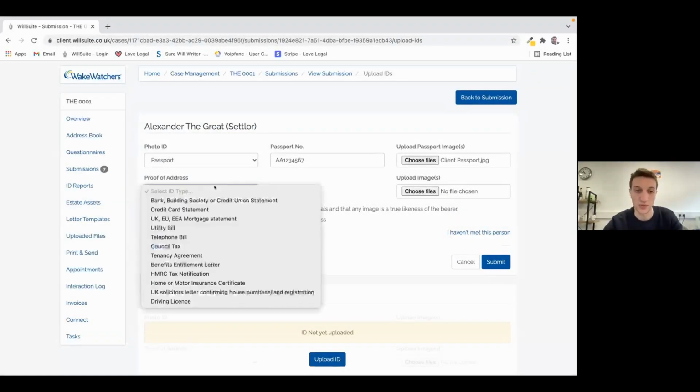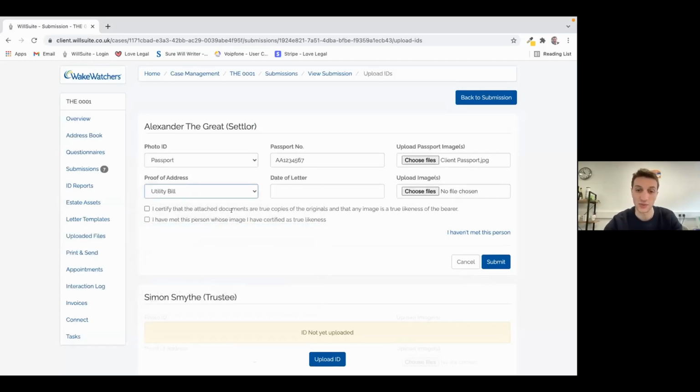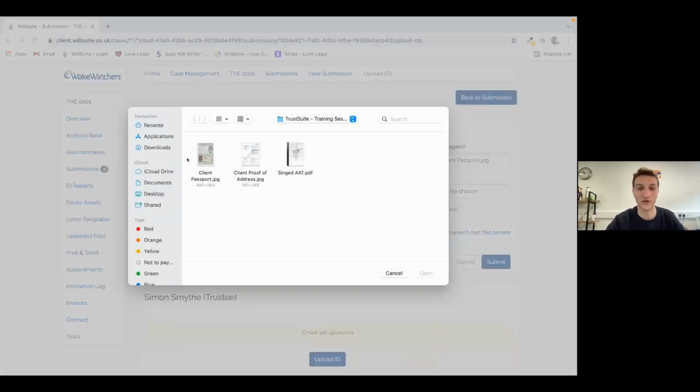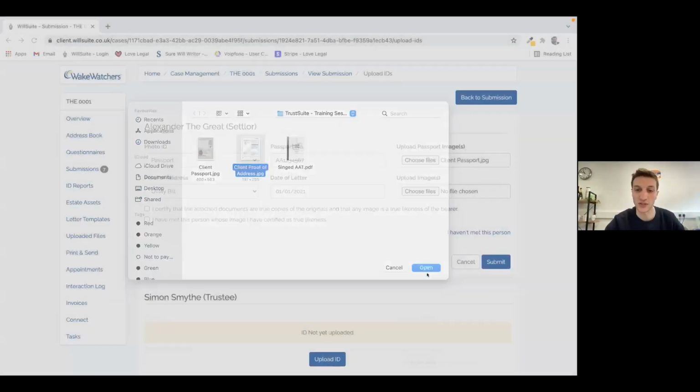Same principle, of course, with a proof of address. You'll decide what type of proof of address document you have, for example, a utility bill. You'll enter the date, and this one is from the 1st of January 2021. Select the file as well, and just upload the proof of address too.